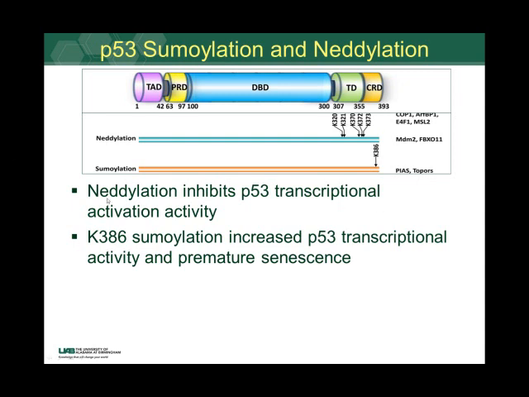Now, look at this. Neddylation inhibits p53 transcriptional activity. So it serves only one purpose, and that is neddylation of p53 at these residues will inhibit the transcriptional activity of p53.